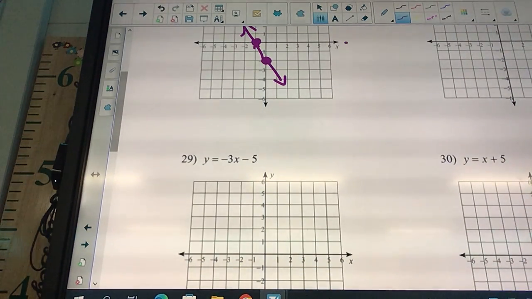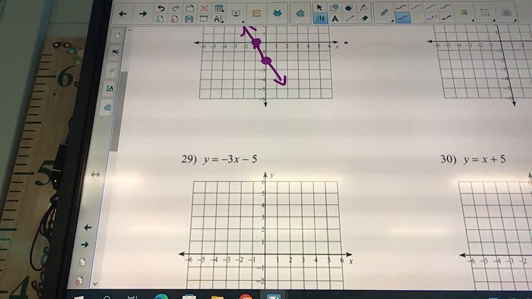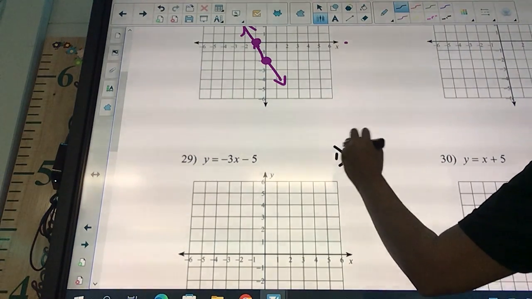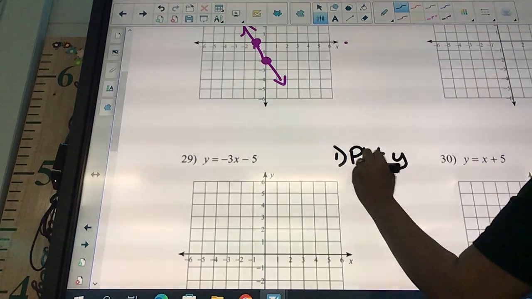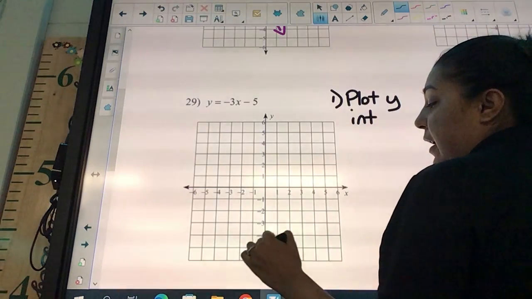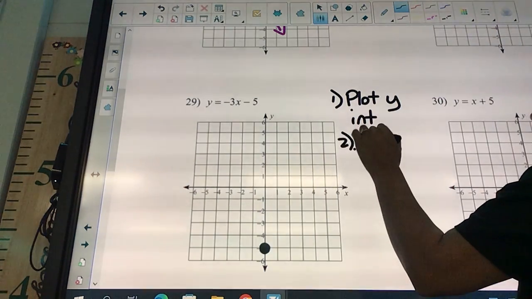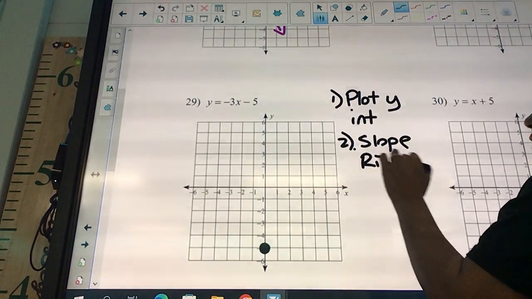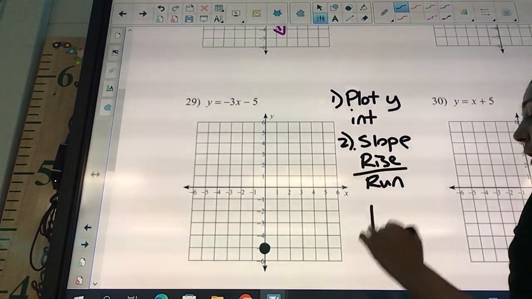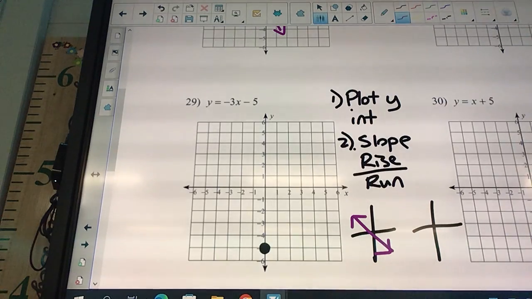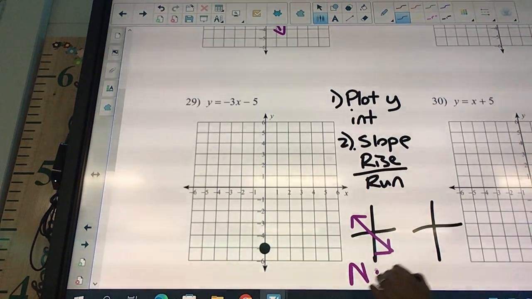Okay, the next one on here. Does it say y equals? Yes. What do you plot first? You plot the y-intercept first, so that starts at -5. Then we plot the slope, which is rise over run. What kind of slope is that? Negative.